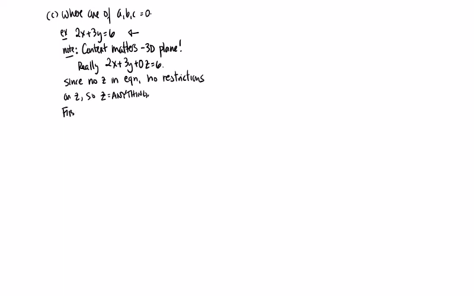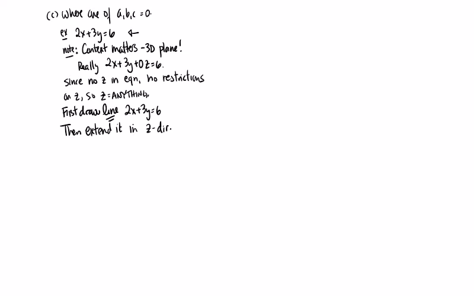So first, draw the line 2x plus 3y equals 6. Then extend it in the z direction. Now, if that's a bit confusing, that's okay. We'll do it in really basic steps right here.